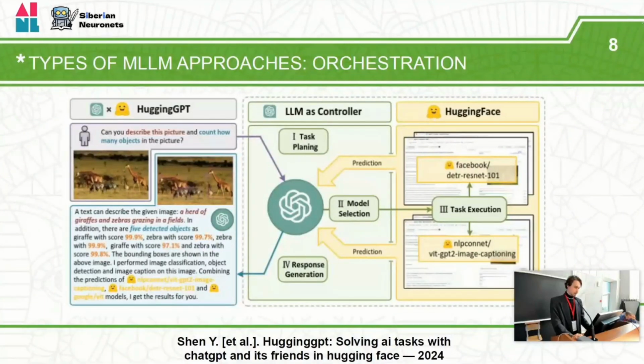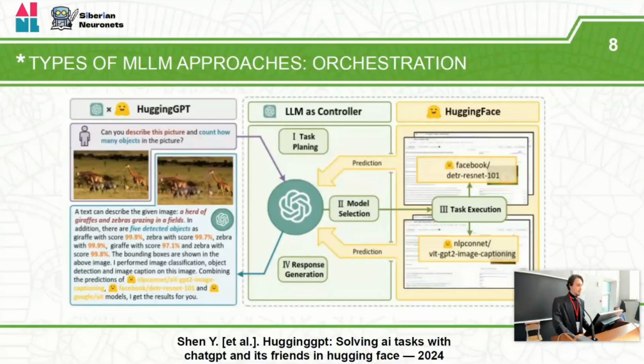We can identify three types of multimodal solutions with LLMs, so you will know what is now in the field. The first type is orchestration, where the LLM is used as a controller.